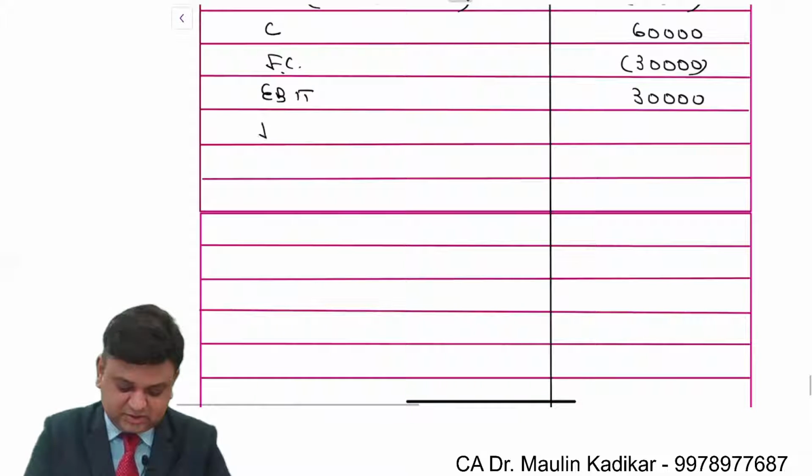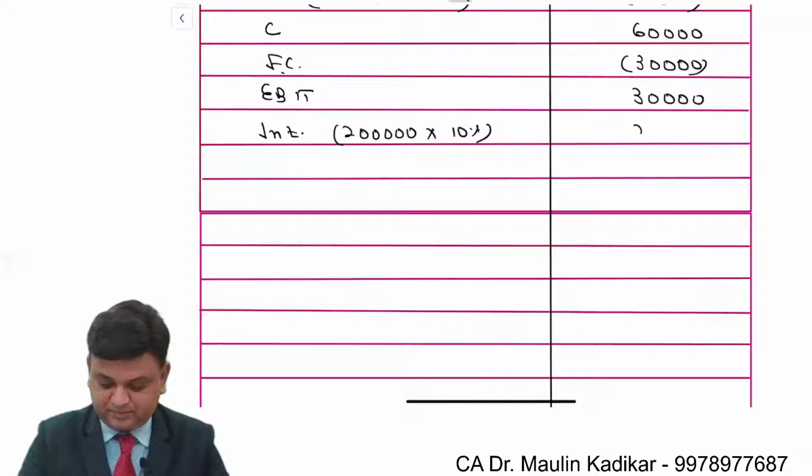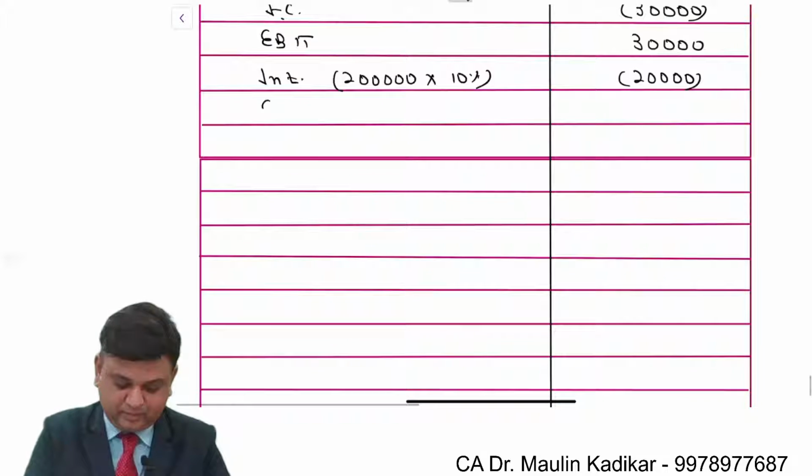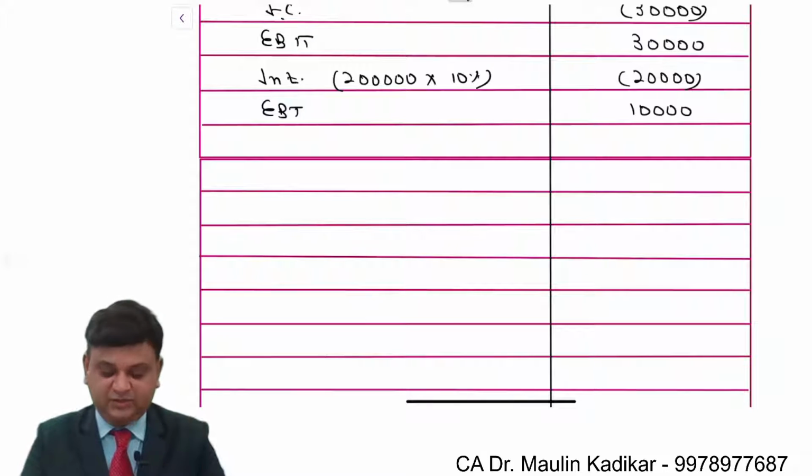Amount of interest: 2 lakhs into 10 percent, that comes to 20,000. Earning before taxes 10,000. Income tax rate is 40 percent.